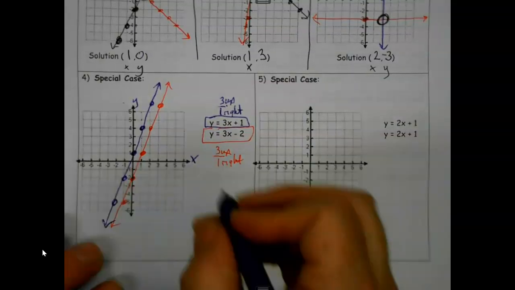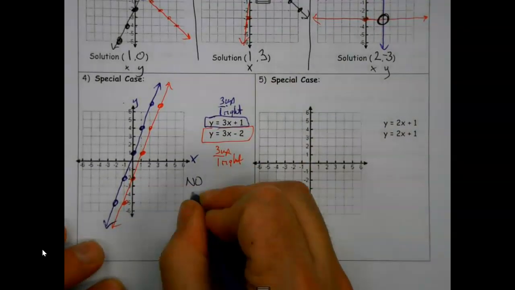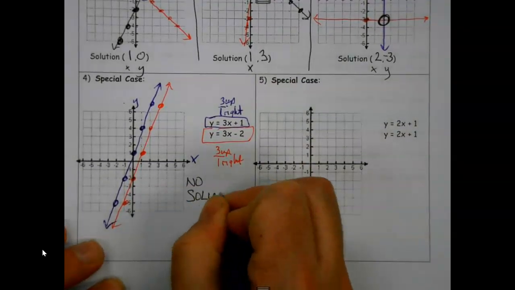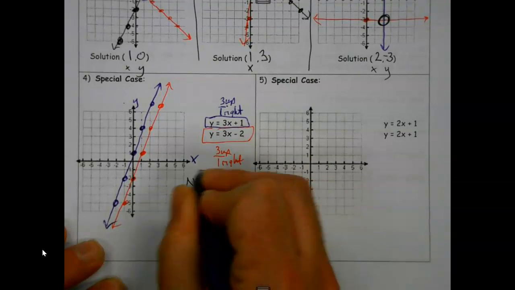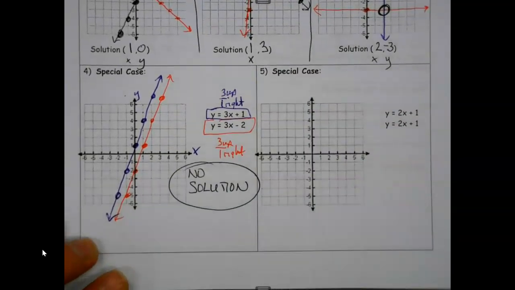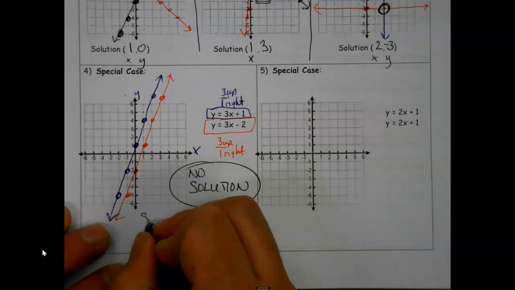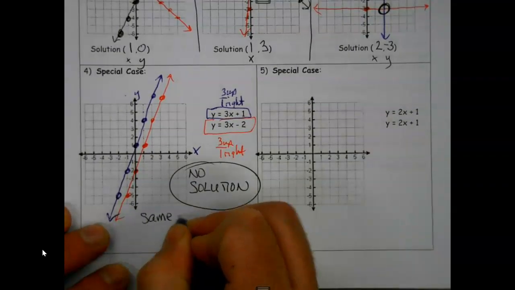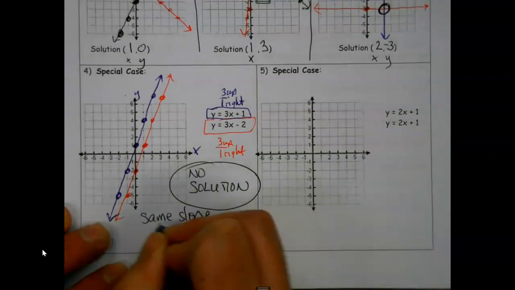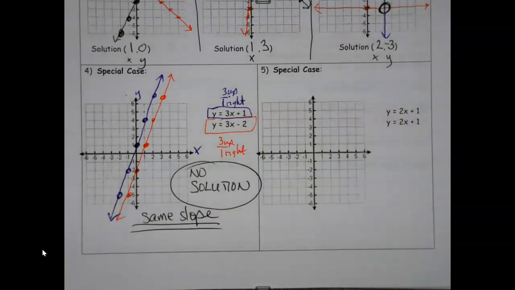So if they never cross, and this happens sometimes, that's going to be no solution. And that happens when the two lines have the same slope.